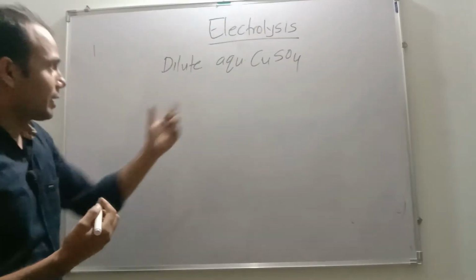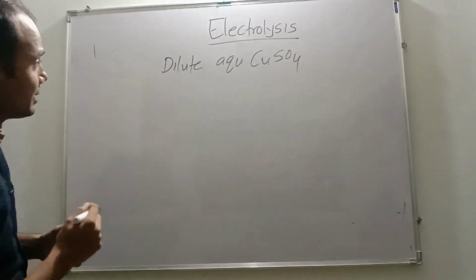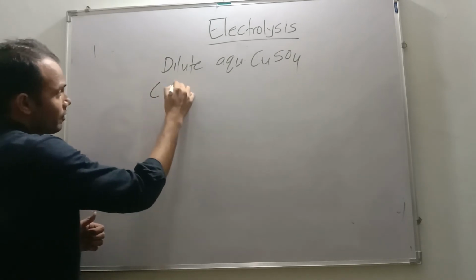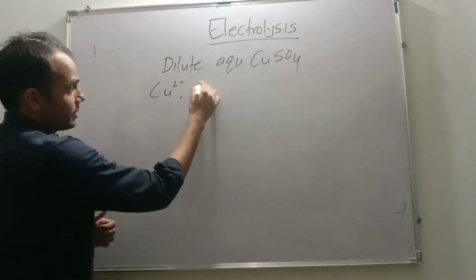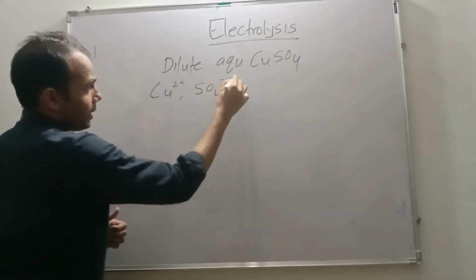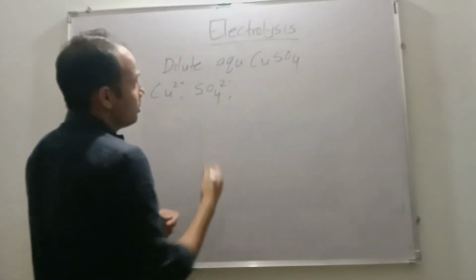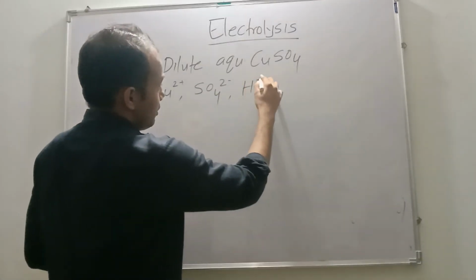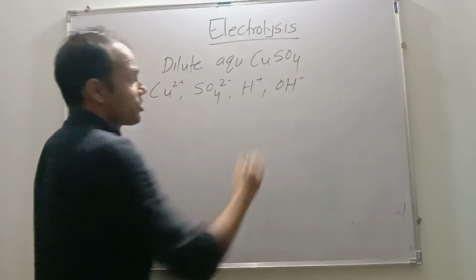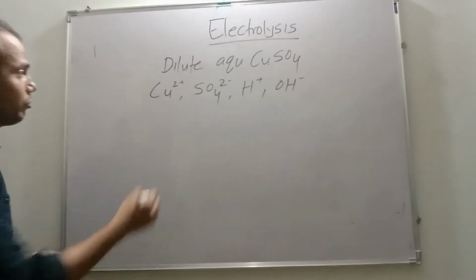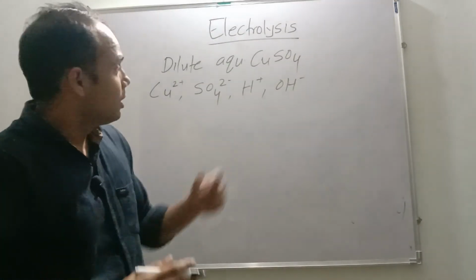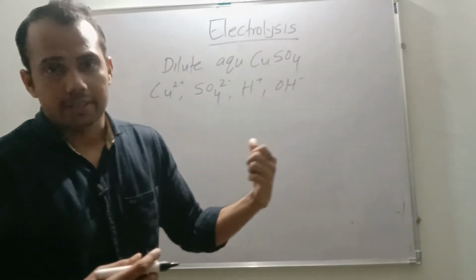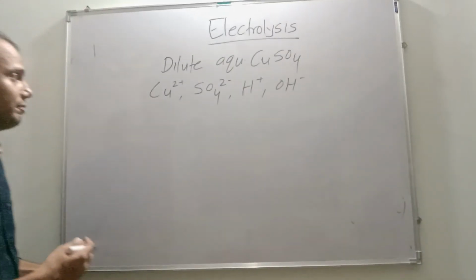Again I will write down what ions are present. One is copper 2 plus, another is SO4 2 minus, next we have H plus and OH minus. So these are the 4 ions present in this case, aqueous copper sulfate solution.